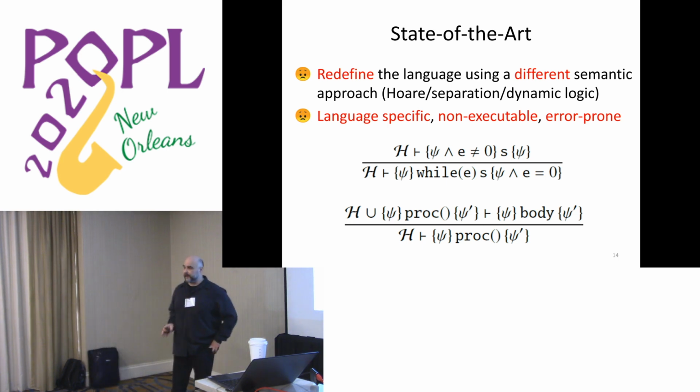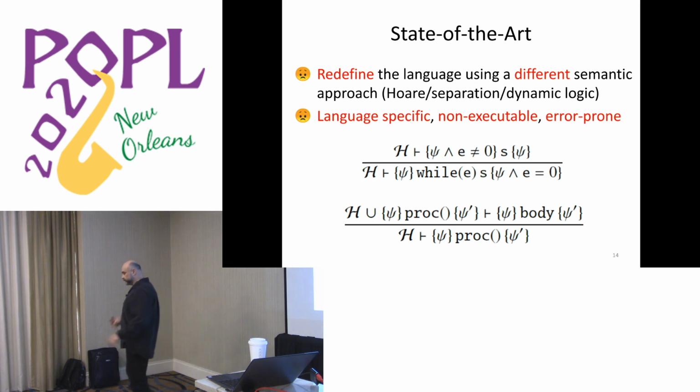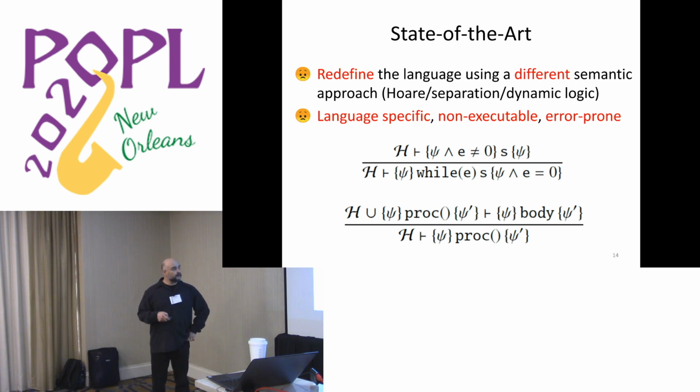So first, the state of the art, when we talk about verification, is to take an operational semantics and most of the time discard it because it's not meant to be used for verification. We need to define the language differently, as a separation logic, or as an axiomatic semantics, a Hoare logic, and then we can add proof rules like this, for example. These are the proof rules for while loop invariants or for recursive procedures in a Hoare logic style.